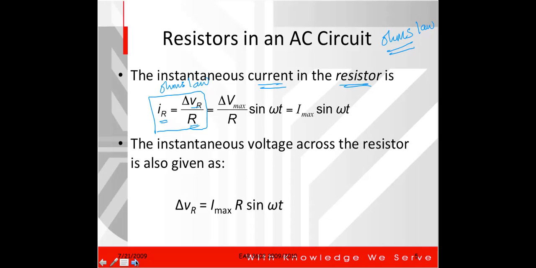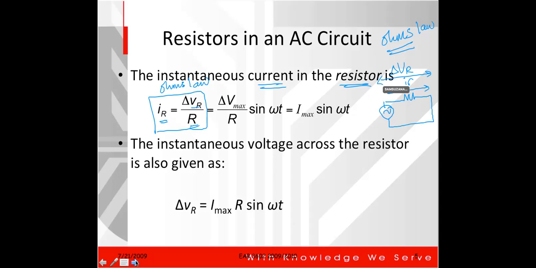Circuit kita ada resistor, lepas tu kita ada power alternating source. So kita nak cari apakah IR across this one. Of course kita akan ada VR kat sini.